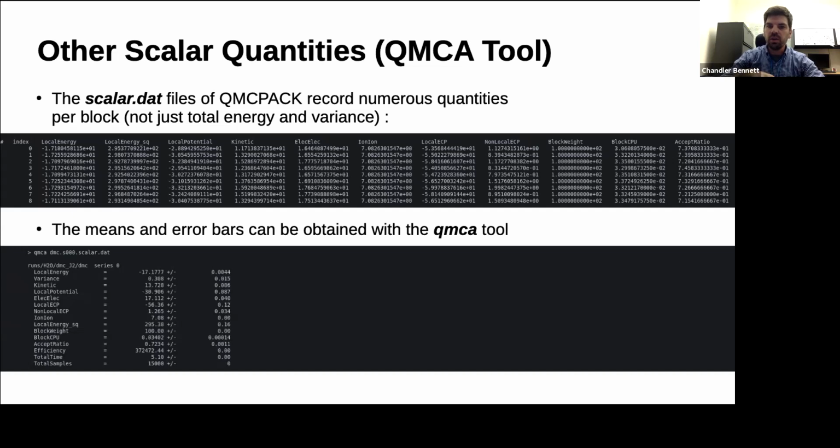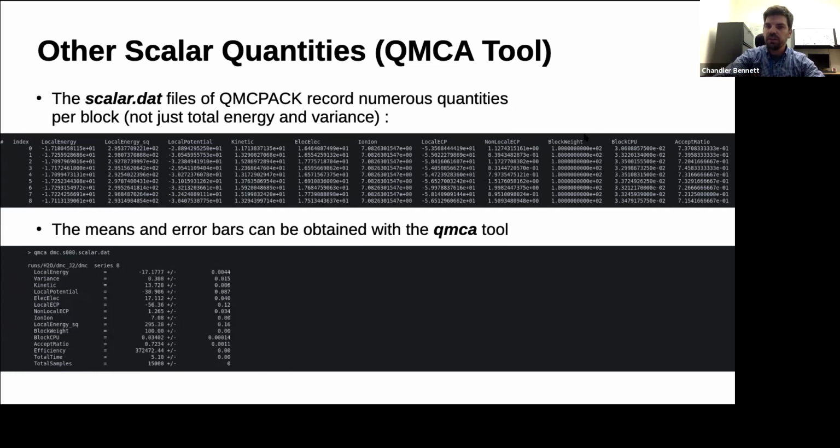This is all the local components within an ECP. Recall that Lubos just showed us that an ECP is comprised of a local piece and a non-local piece. This is the associated energy for the local terms, and similarly, this is the energy of the non-local terms of the ECP.